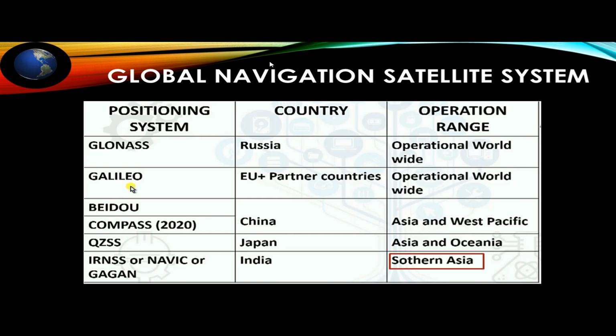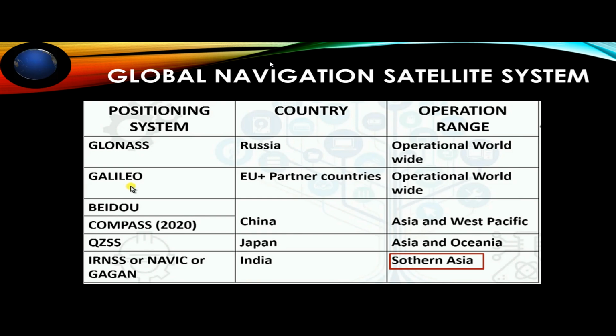Which country developed which one and where it came from, sir has discussed in the class on global navigation satellite systems. Here we are interested in the operating ranges, like what can be helpful for our purpose when we need some data, and which satellite or system we can refer to. So we should know the operating range of each positioning system.